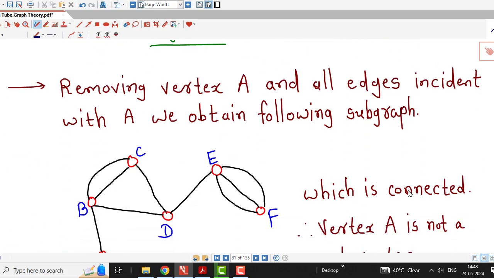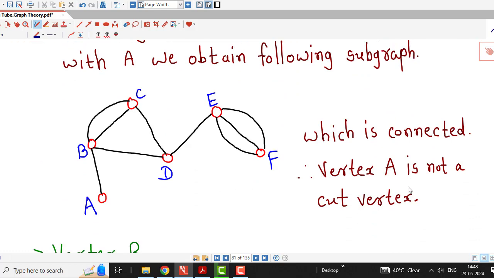So first I will remove vertex A and then I will see whether the subgraph I obtain is connected or disconnected.